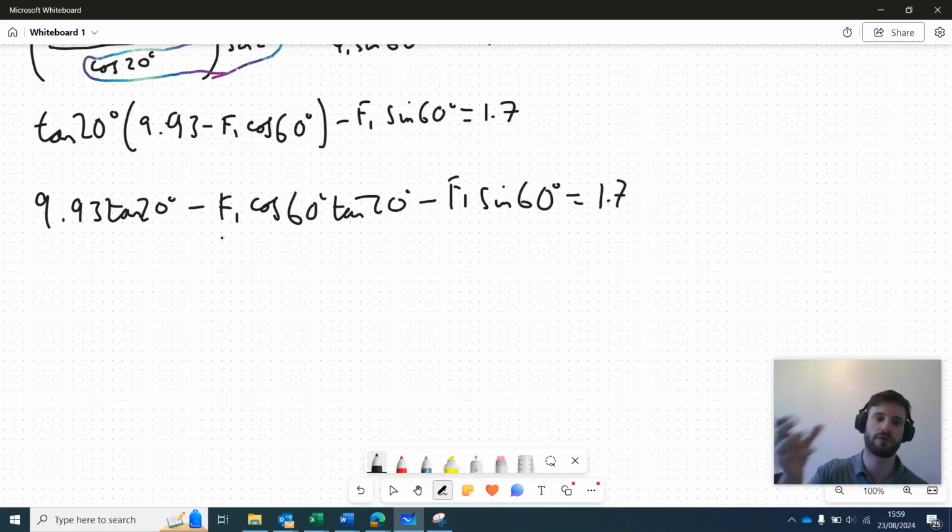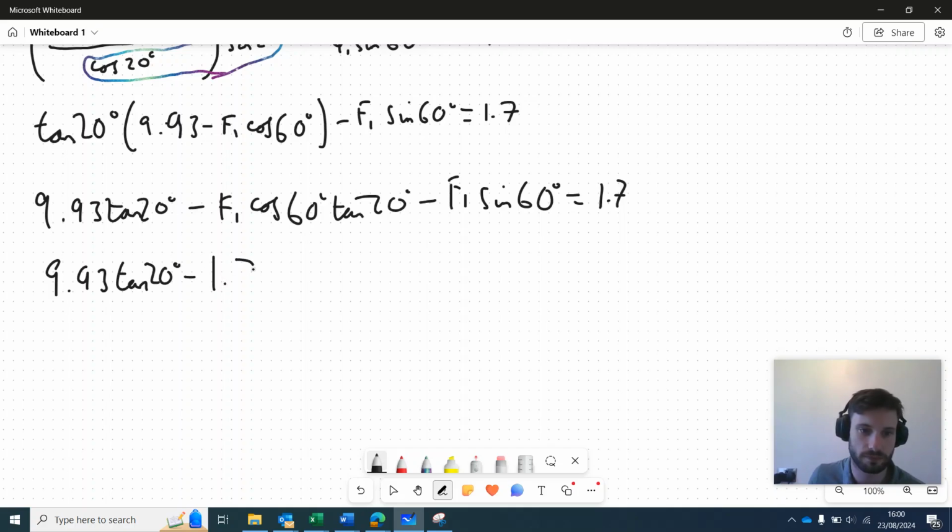Okay, so like I said before, all the terms containing f1 onto one side, all the terms not containing f1 onto the other, and I'm going to factorize. So on my left-hand side, I'm going to say 9.93 tan 20 minus 1.7 is equal to, I'm going to move these terms over to the right-hand side, and I'm just going to factorize all in one step.